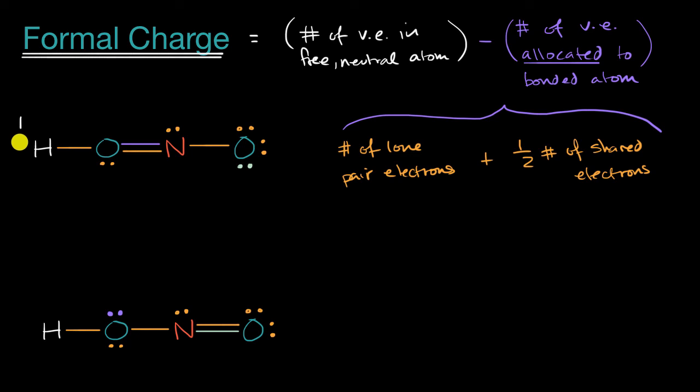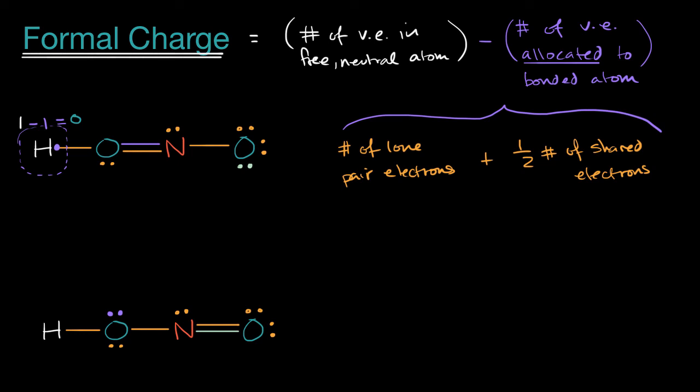Well, one way to think about it is draw a circle around that atom in the molecule, and you want to capture all of the lone pairs, and you could think of it as half the bond. For each bond, it's going to be 1 electron, because it's half of the shared electrons. Each bond is 2 shared electrons, but you're going to say half of those, and then you have no lone pairs over here. So the number of valence electrons allocated to the bonded atom, in the case of hydrogen here, is 1. And so we are dealing with a formal charge of 0 for this hydrogen.